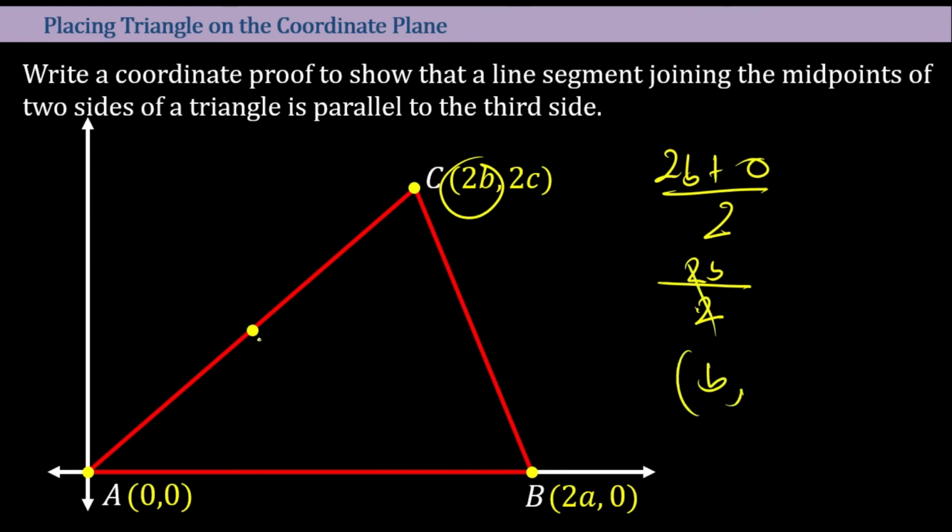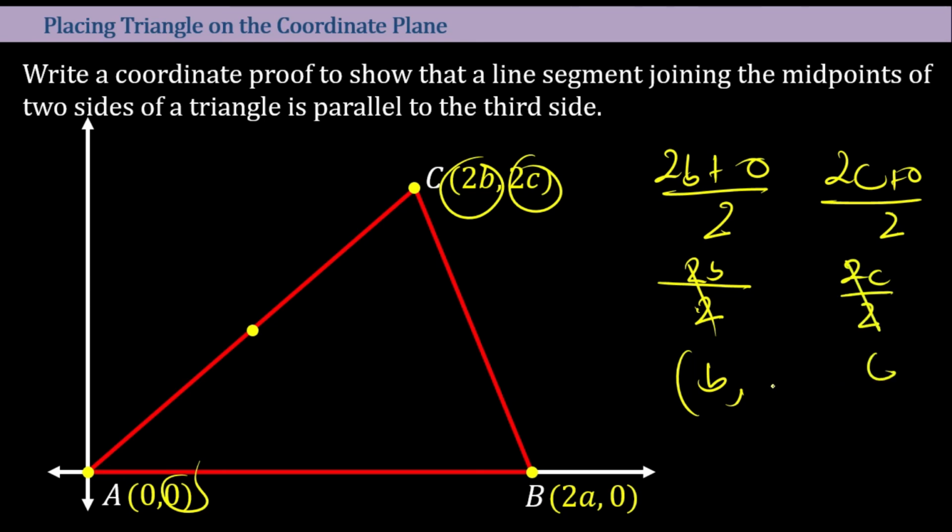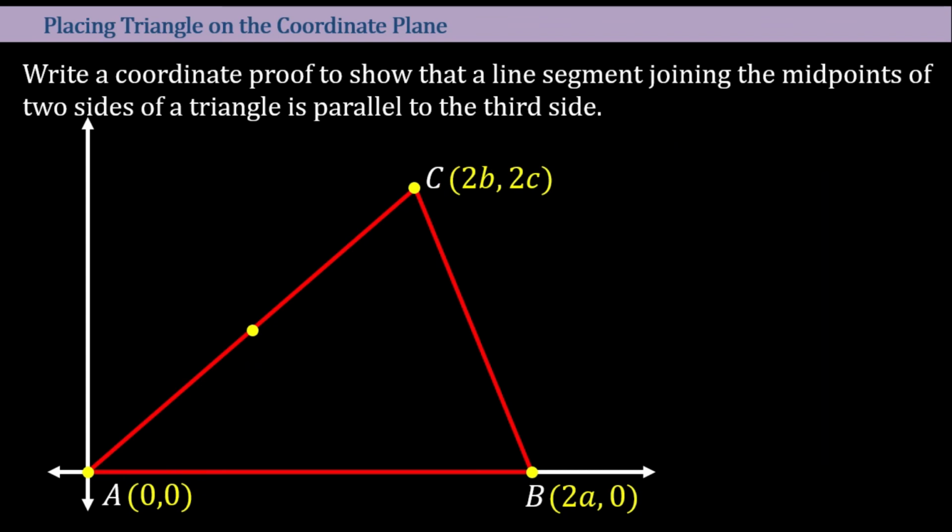So this is the x coordinate for this one, b. How about 2c and 0? 2c plus 0 over 2 is 2c over 2. Cancel the 2, so that this will be c. So the midpoint for this one is b, c.